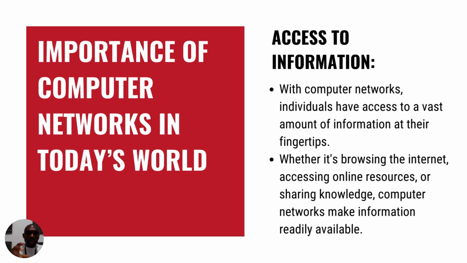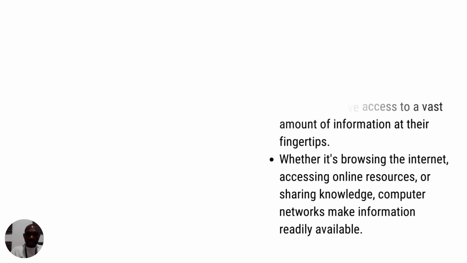With the use of computer networks, we are able to access information. You can even get jobs in America by using computer networks; you can access that information. Even when there are business opportunities, we are able to access information through the use of computer networks.